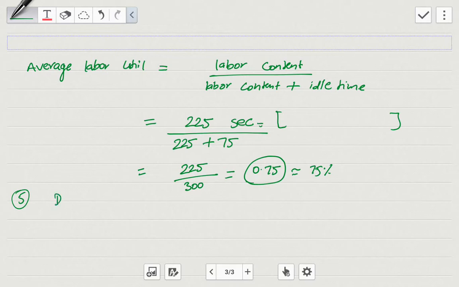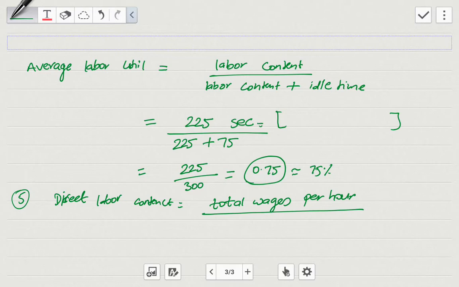So the formula for direct labor cost is total wages per hour divided by the flow rate per hour. We have 5 workers and we pay them $15 each, and we want to find out the flow rate per hour, which we have already calculated.